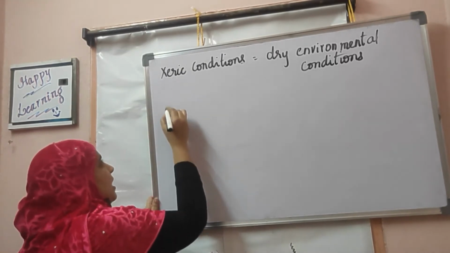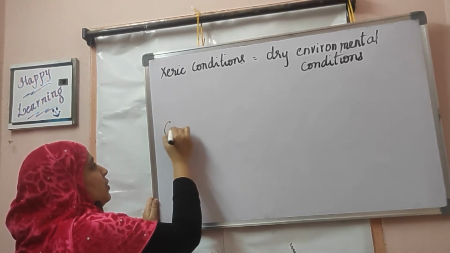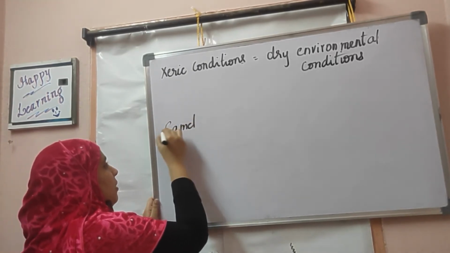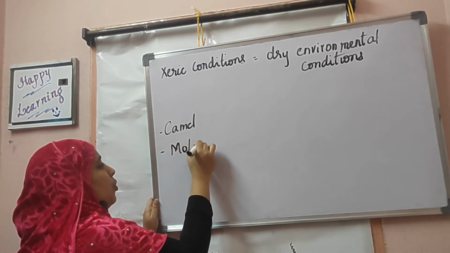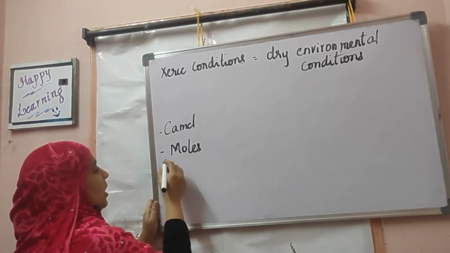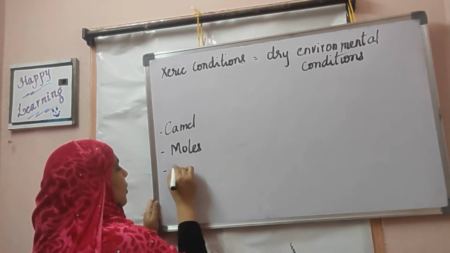So, of the animals that live in xeric conditions, we are discussing the camel. Then we'll discuss other organisms like moles that live in the desert, and the rattlesnake.